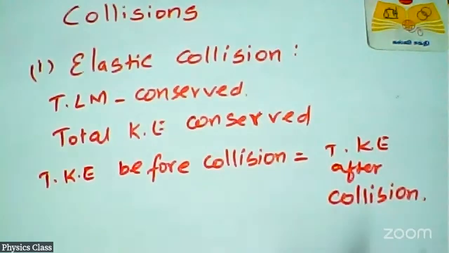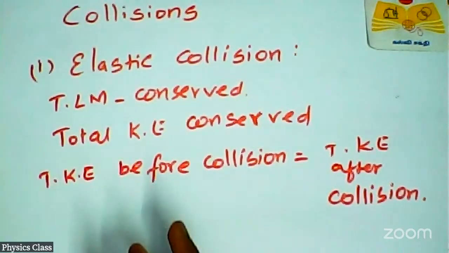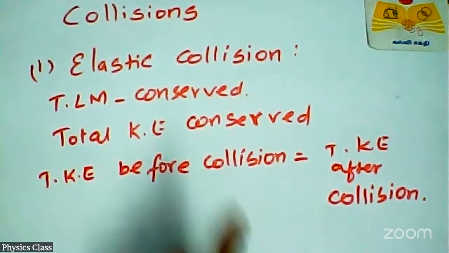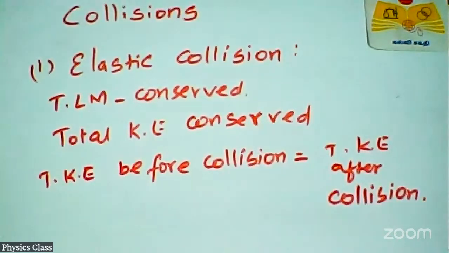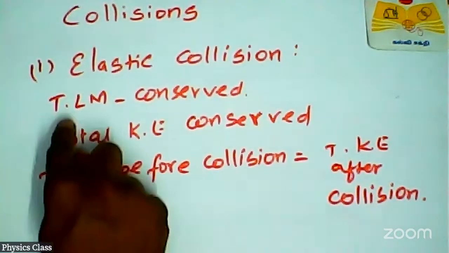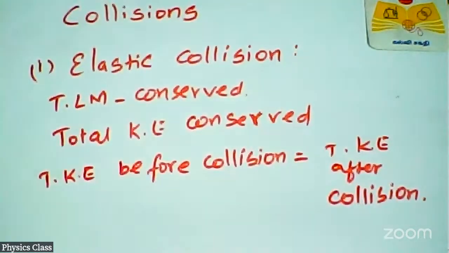When two bodies collide, their initial kinetic energy is equal to their final kinetic energy after the collision. The total kinetic energy is also conserved in the elastic collision.